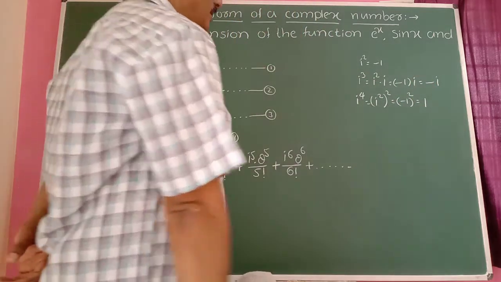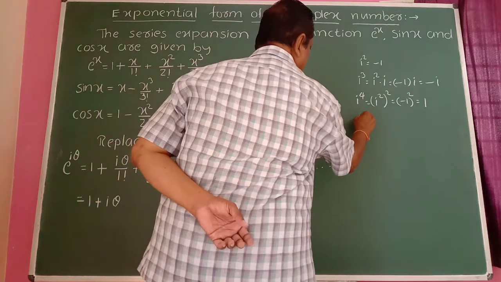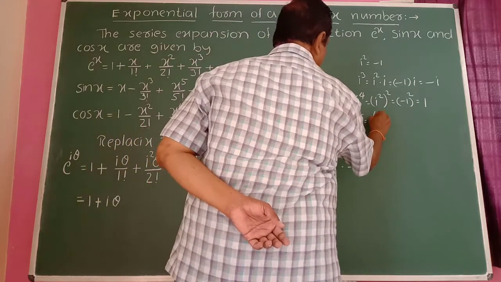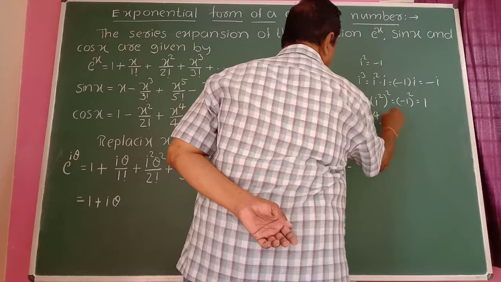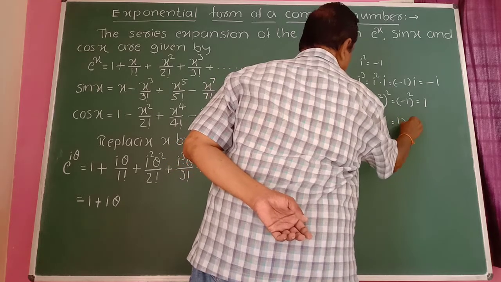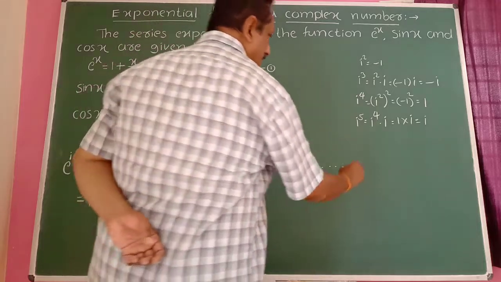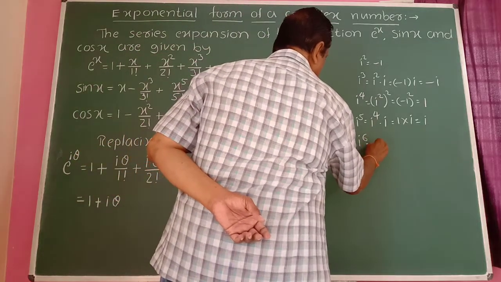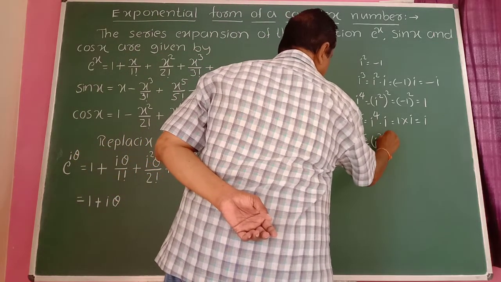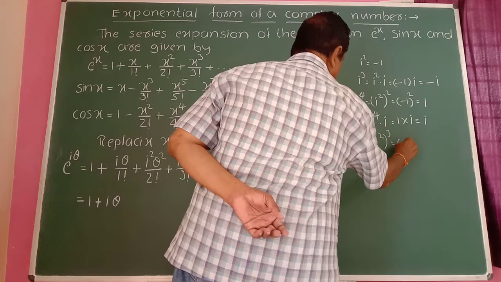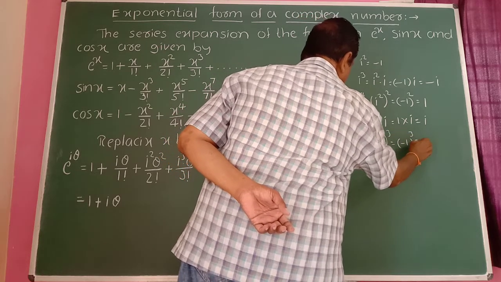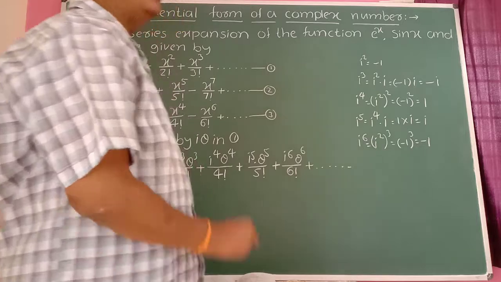And i raised to 5 is i raised to 4 into i, 1 into i, that is equal to i. Then i raised to 6 is i square raised to 3, that is minus 1 raised to 3, equal to minus 1, and so on.